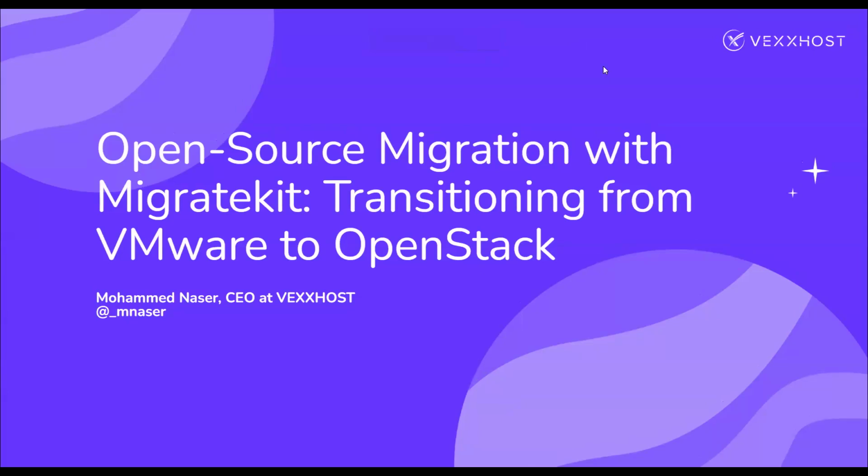Just to be clear, you're running that outside the VM that needs to be migrated, right? Yeah, so essentially where we do the migrations is on something we call a quote unquote appliance VM. So you would boot a VM in OpenStack, and that VM in OpenStack would be the one communicating to the VMware cluster. The reason for that is that by doing that, we have the ability to just create a Cinder volume and attach it to that VM that you're on, and then copy the data to it.